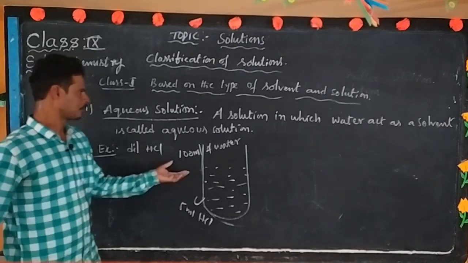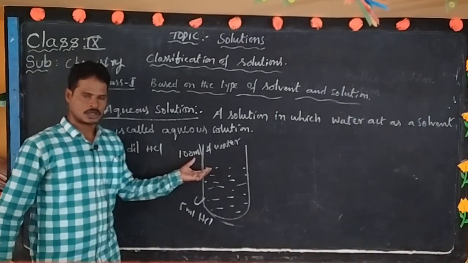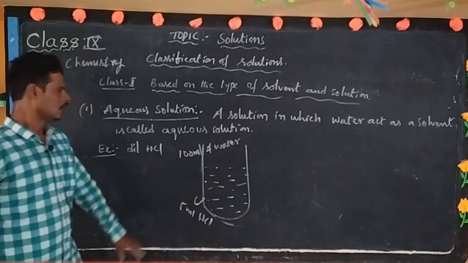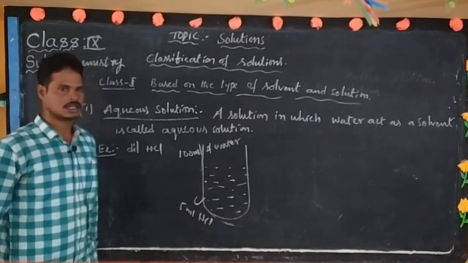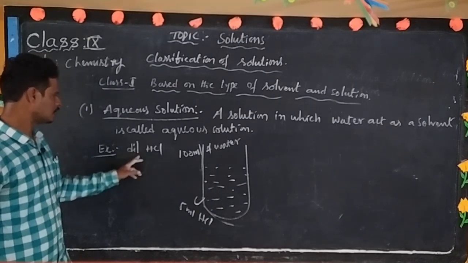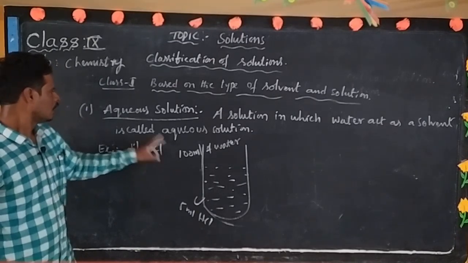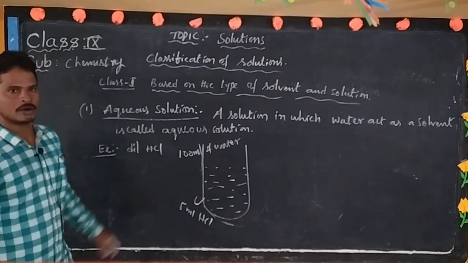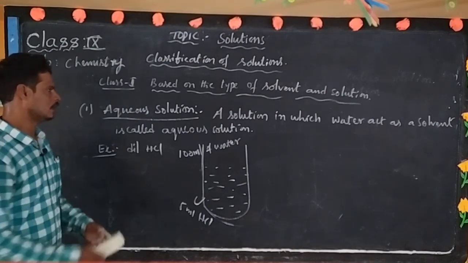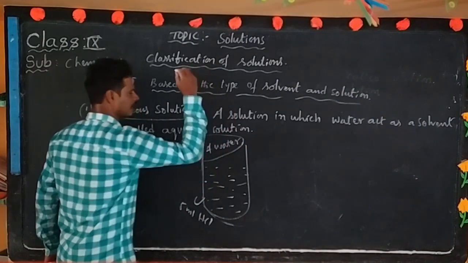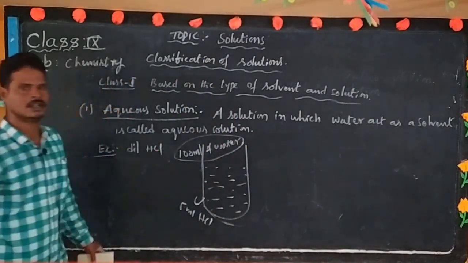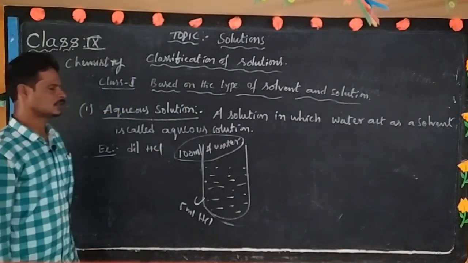Here which is the solvent and which is the solute? The larger amount is called the solvent, the lesser amount is called the solute. This is called dilute. Here aqueous means more water is present in the solution. Water acts as a solvent in this solution. That's why it is called an aqueous solution.